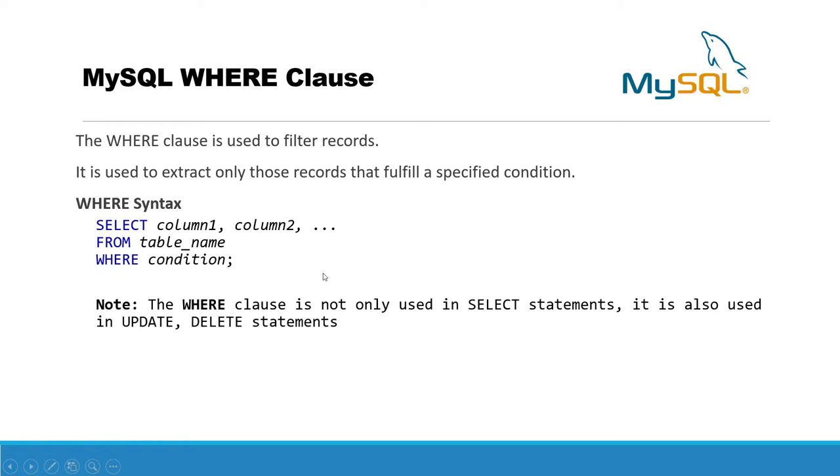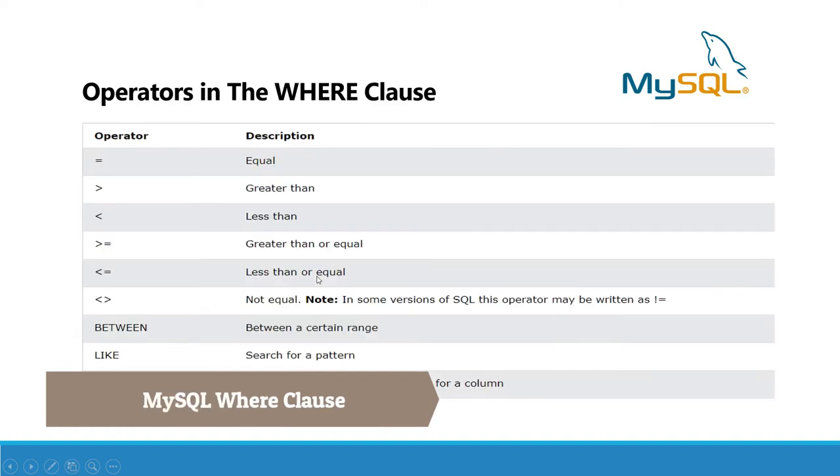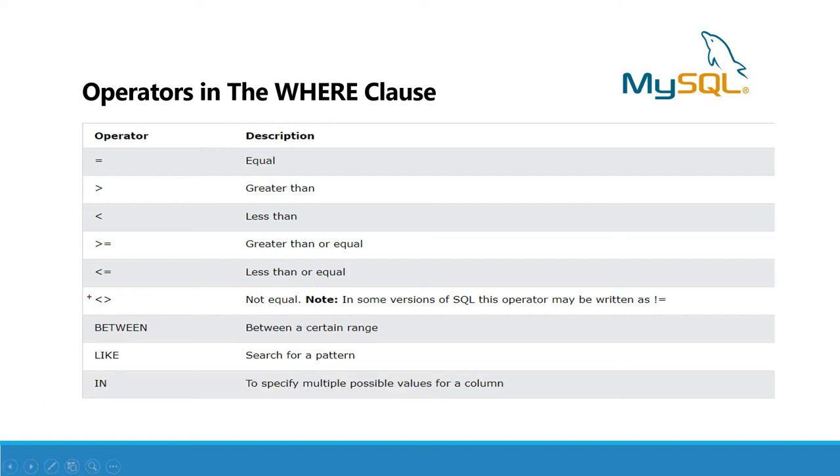One thing you have to keep in mind: the where clause is not only used with the select statement, it can also be used with the update and delete statements as well. Now the operators we use with the where clause are equals, greater than, greater than or equal, less than or equal, and not equal, which can be represented in two forms.